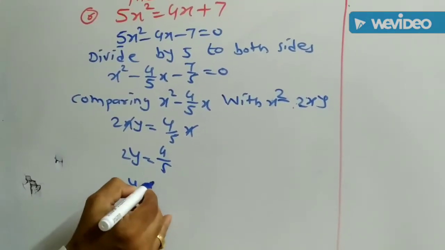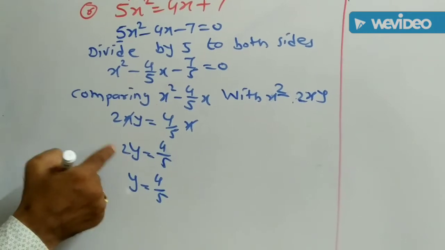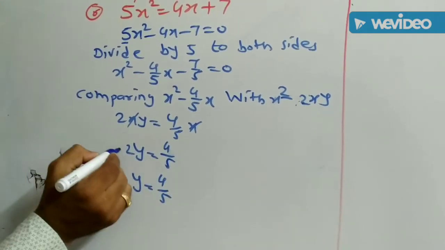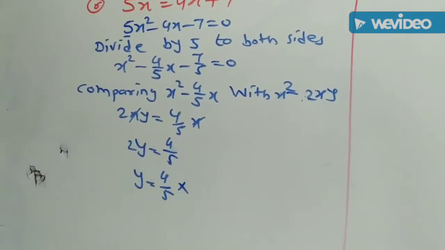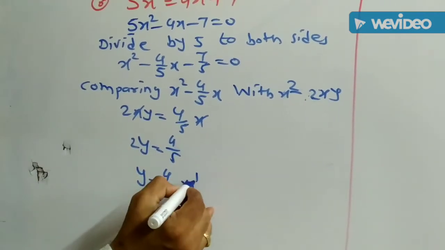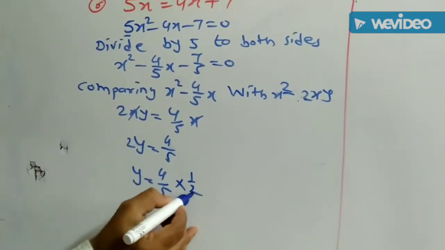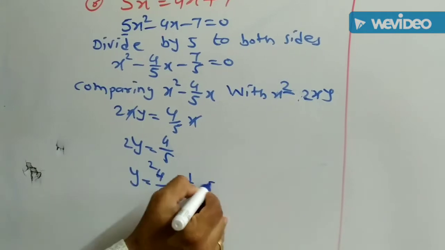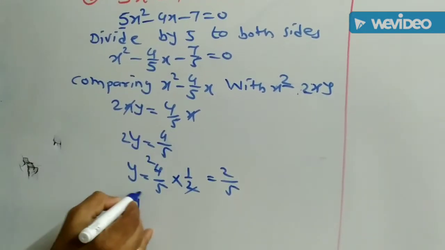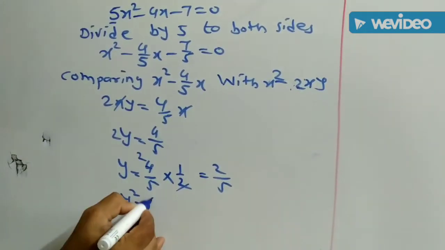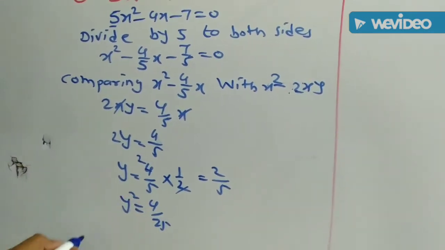To find the value of y, the multiplication by 2 again gets converted to division. Again instead of division we take multiplication and the reciprocal of 2, that is 1 half. Now divide this 4 by 2, we get 2 upon 5. On squaring, y square is equal to 4 upon 25.